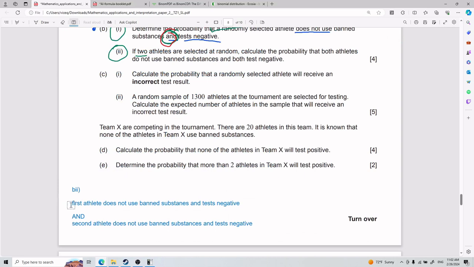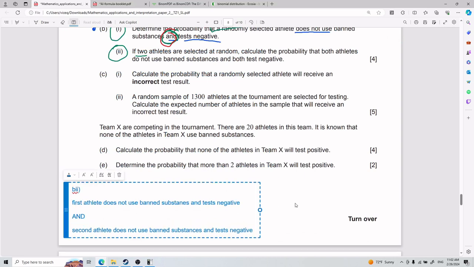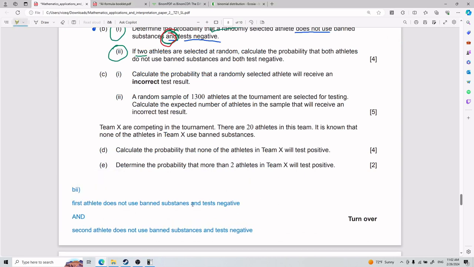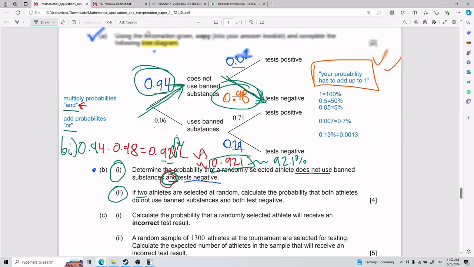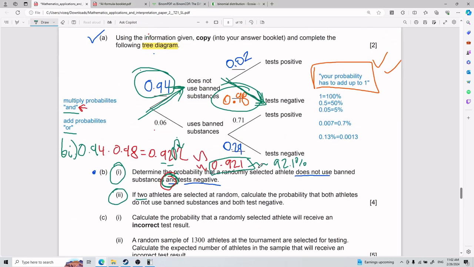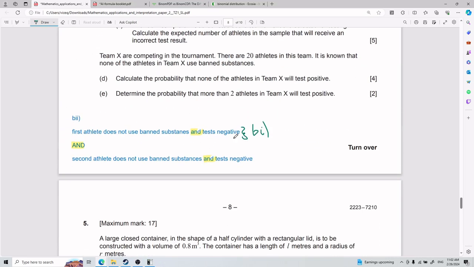All right, let me put this somewhere where we can see it. So as you can see, if you look at my and words that I'm putting in between, we have an and here, we have an and here, we have an and here. And let's also recall that this first part is what we got from part B-I. What was the probability? 0.9212, ¿cierto? Okay, so I'm going to have 0.9212 right here.